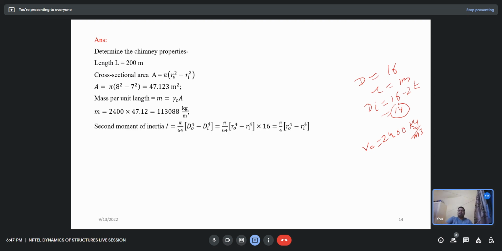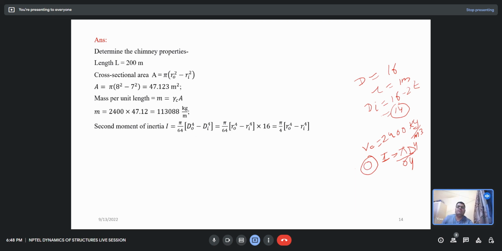Now calculate the second moment of inertia I. For the circular section without a hole, what is your I? It is pi d to the 4 by 64. For the hollow section, we subtract the inner section.